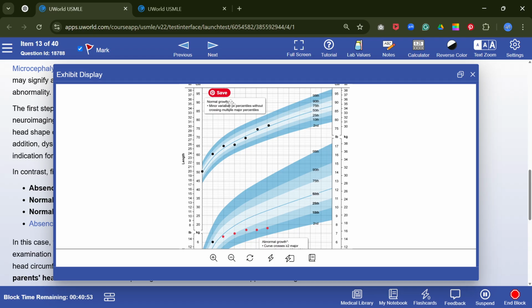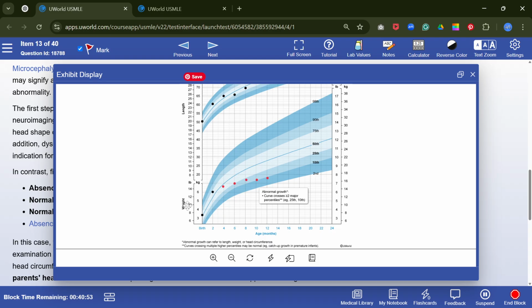This is the normal growth: minor variability in the percentile without crossing multiple major percentiles, not below the third percentile. Sometimes it is way above, now it is declining, now it is increasing. This is minor variability in percentile without crossing multiple major percentiles.